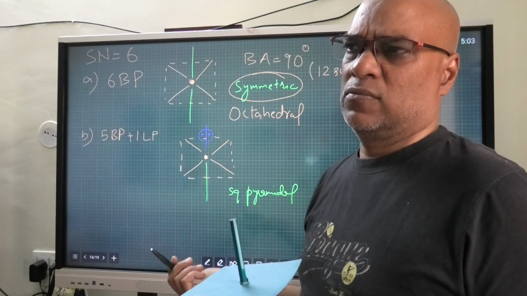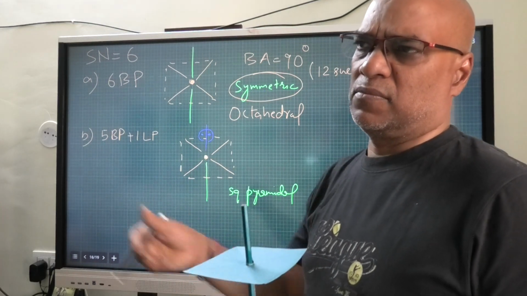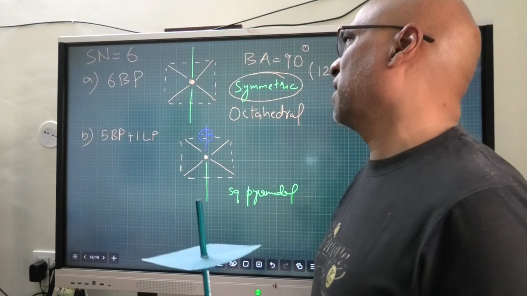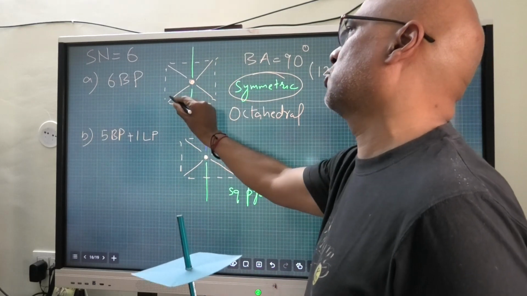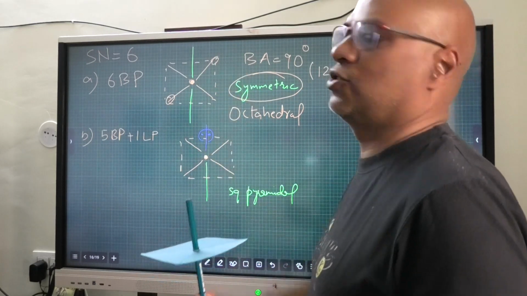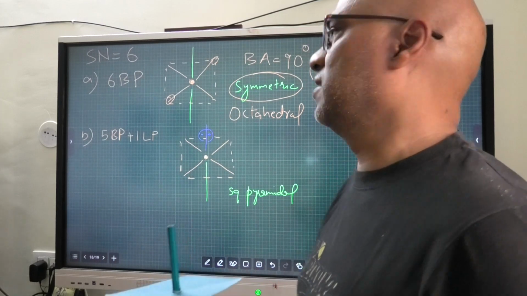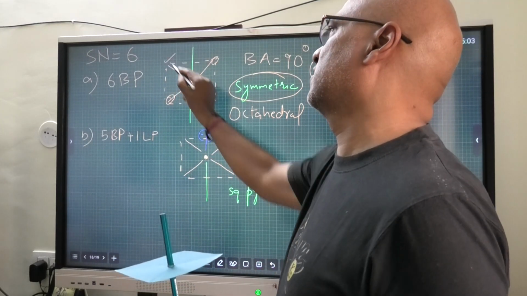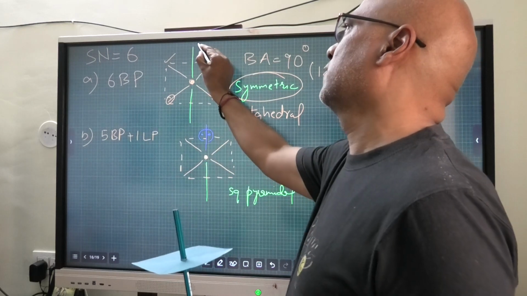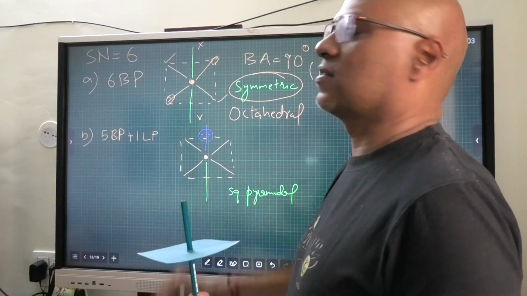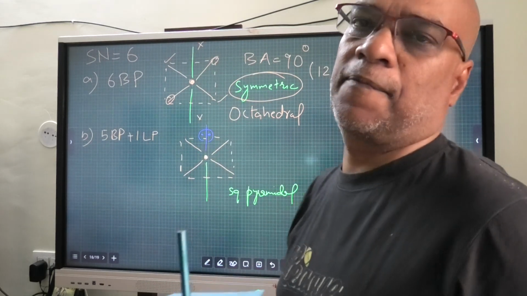Although, if we apply the mathematical approach, we can say this and this are trans positions, so the bond angle is 180 degree. Similarly, this and this are trans positions, and this also, so these angles are 180 degree.